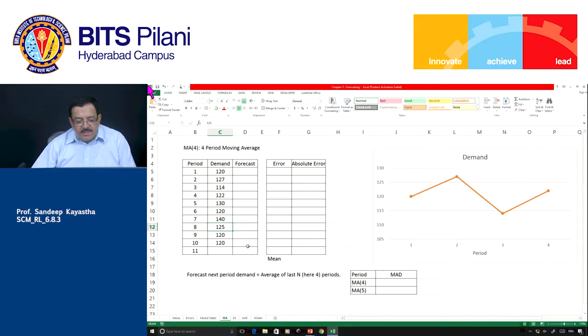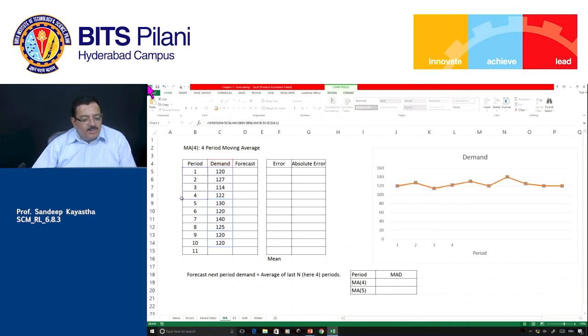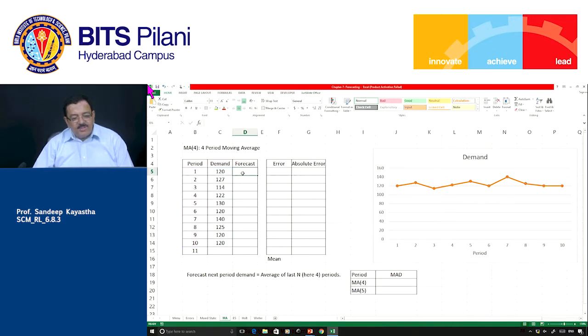So historical data is available to us, and we have also plotted this historical data. By plotting it, it looks like this. It does not have any trend, and it has only a level. So when you have only a level but not a trend or seasonality, in that case you can consider using moving average. How do we make forecast by using moving average?